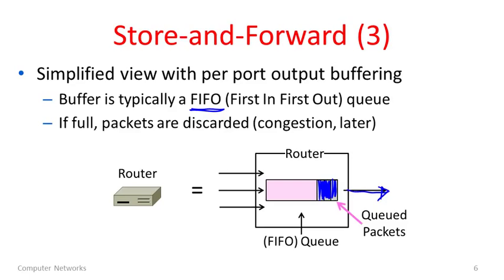If this buffer gets full, by the way, there's no space and another packet comes, that packet will be discarded, or there'll be some discard policy. So you can see here an important implication of these switching elements with buffering, and that's that packets may be discarded under load. This is actually what we refer to as congestion, and we're going to study it in a lot of detail later on.